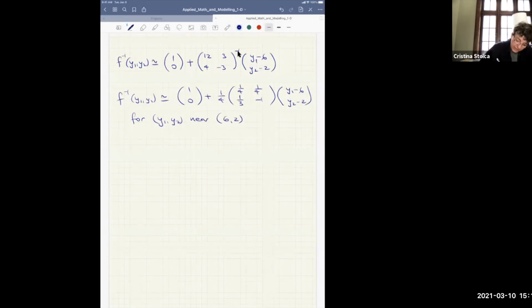So this is the linear approximation of F^-1 near (6, 2).